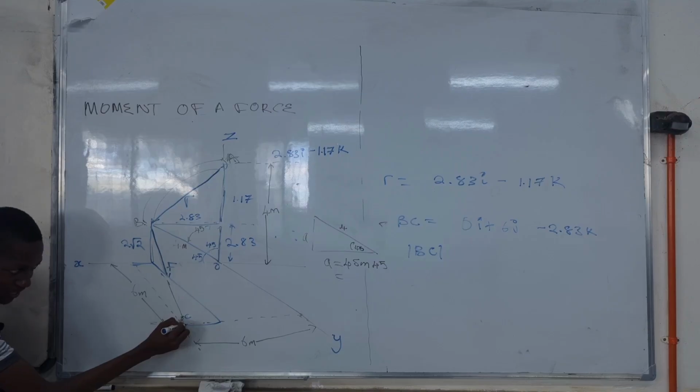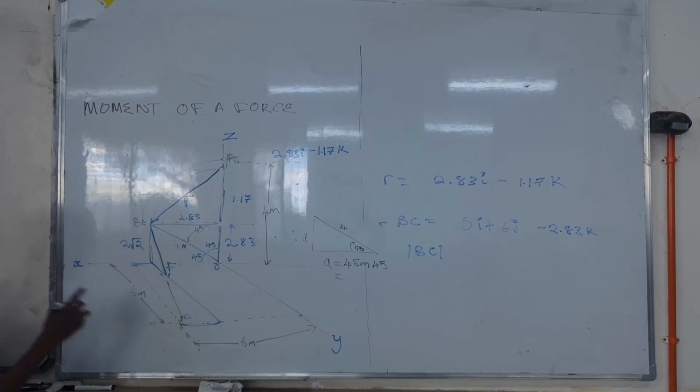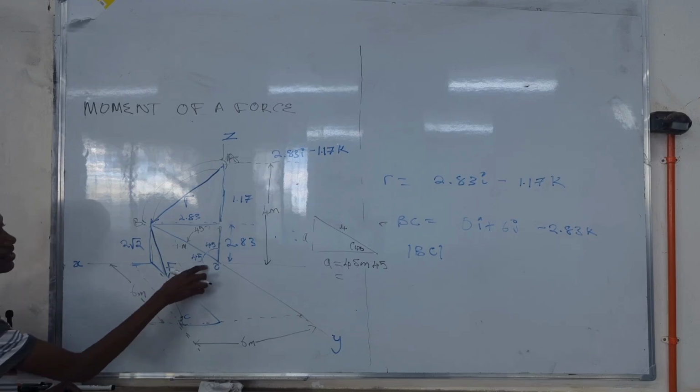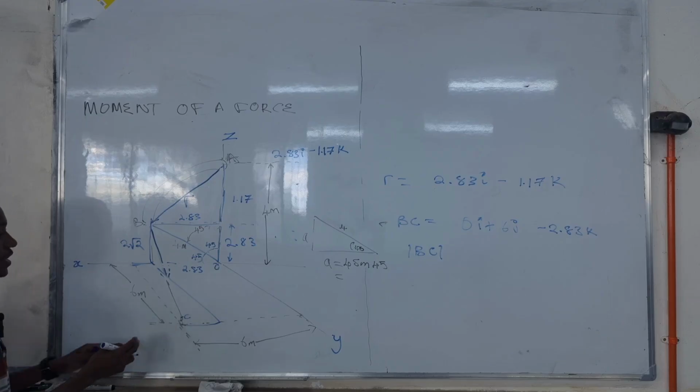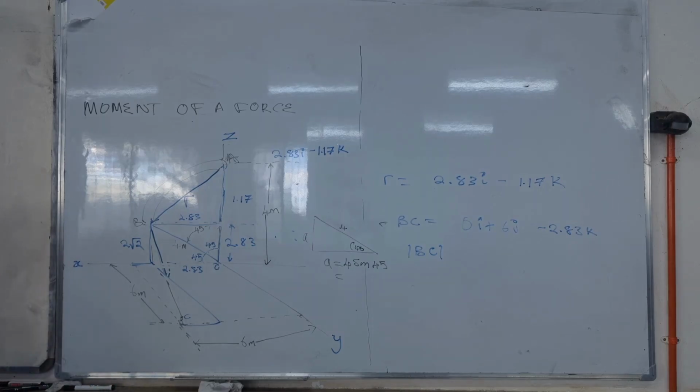We need to go like this. So since this distance is 2.83 and the total distance is 6, it's going to be 3.17.